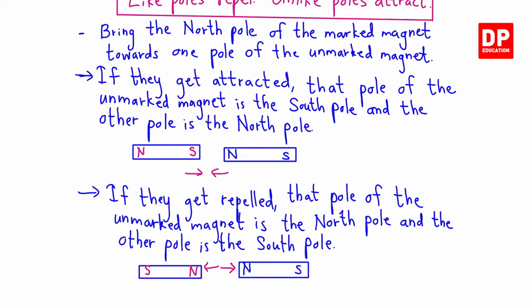We'll go through the answer again. Like poles repel, unlike poles attract. This is the theory we use to answer this question. Bring the north pole of the marked magnet towards one pole of the unmarked magnet. If they get attracted, that pole of the unmarked magnet is the south pole and the other pole is the north pole.